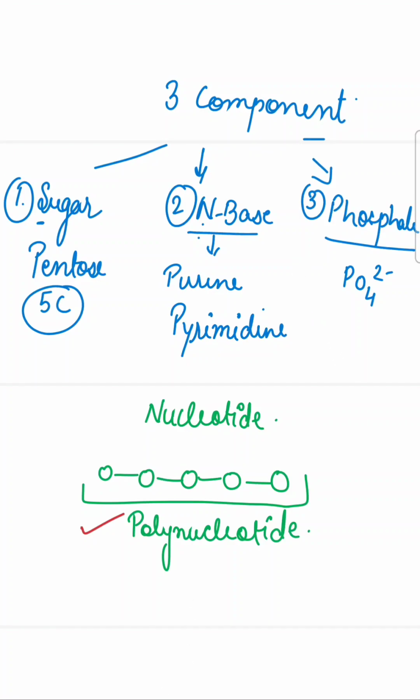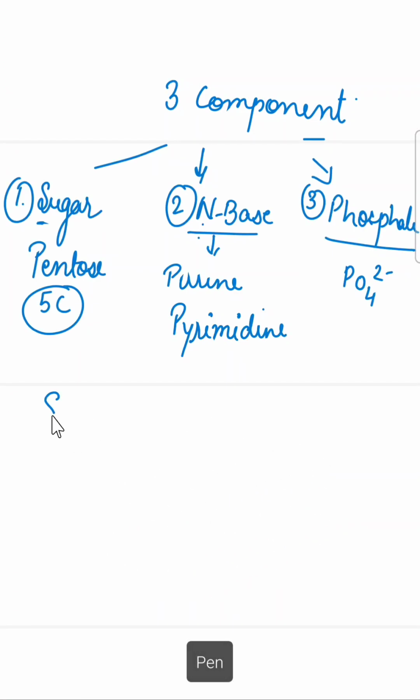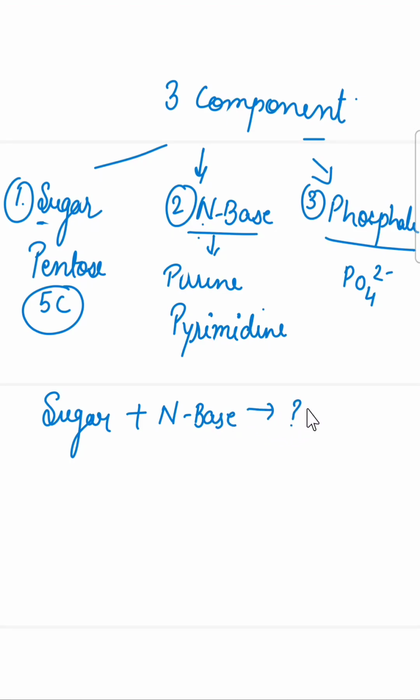Clear? Yes. Now the term: suppose students, if sugar and nitrogenous base join together, what is the term we are going to give it? Come on, we call it the nucleoside. How do we remember this?